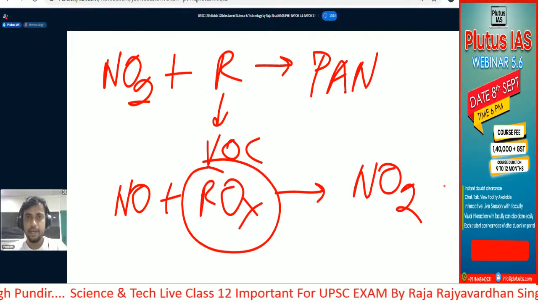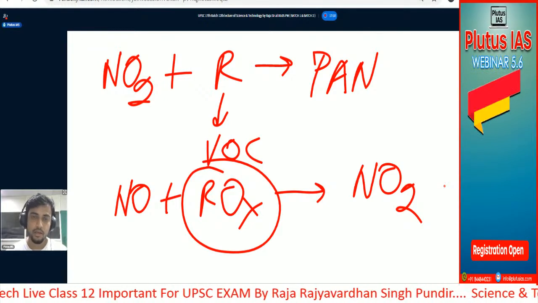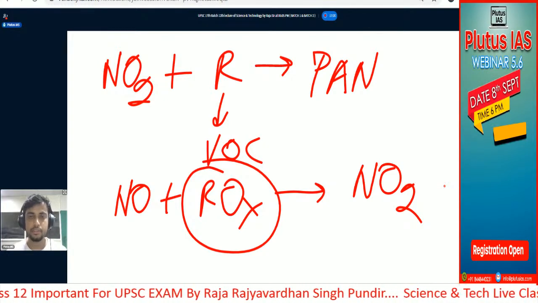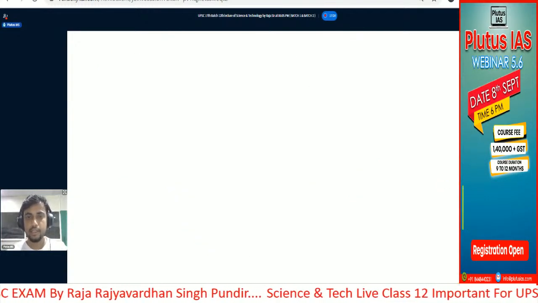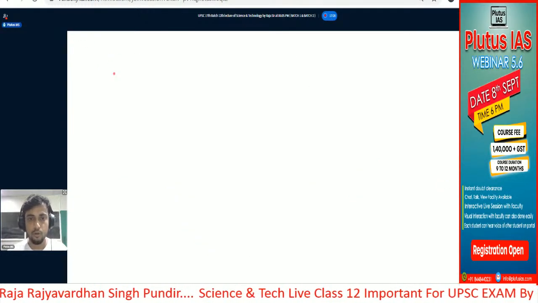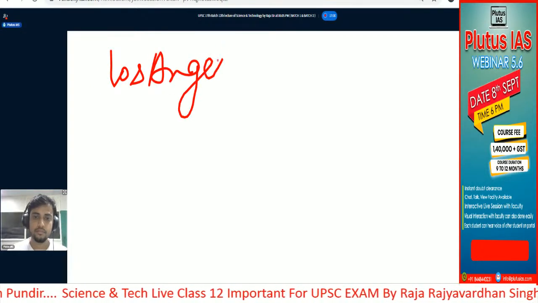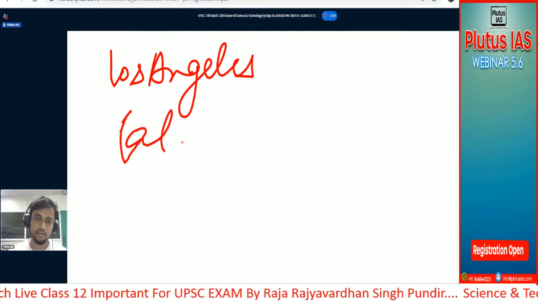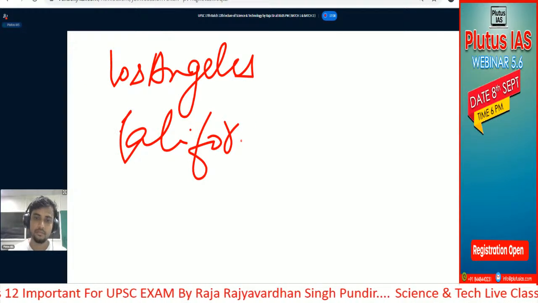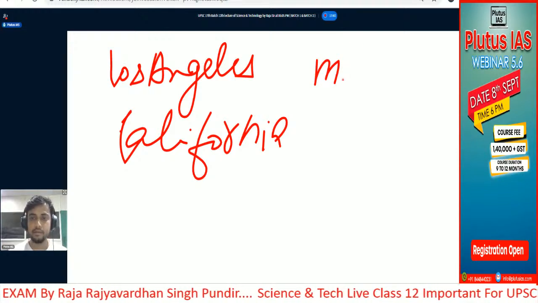Certain cities have a unique geography, because of which the smoggy conditions persist for a longer duration. And please write these cities. We have Los Angeles, California, and we have Mexico City.